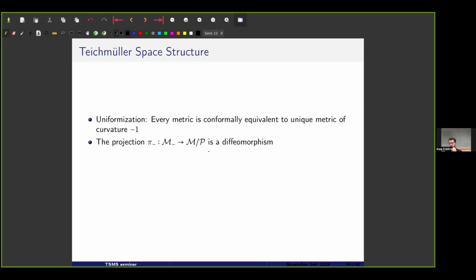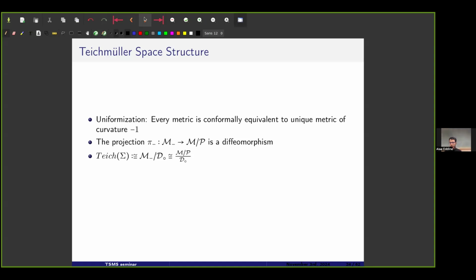Here I am saying more than that: we have an infinite dimensional manifold structure on the space of metrics and on the quotient. The fact that it is a diffeomorphism does not come from the uniformization directly, but it was proven by Fischer and Tromba that this is the case.